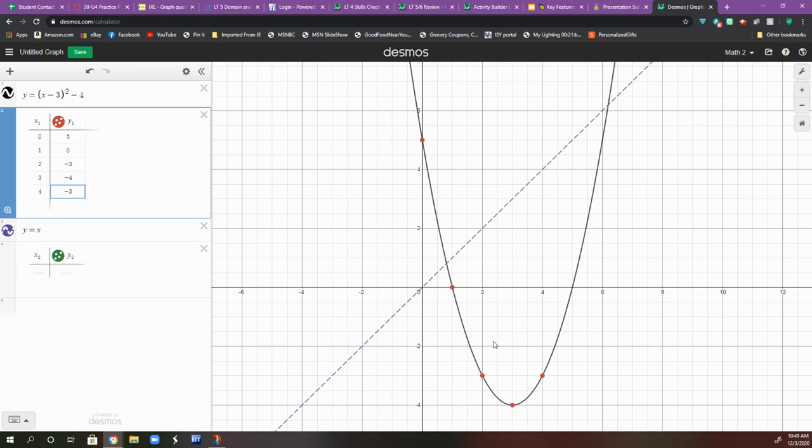Again, notice how these points are being placed on these grid points right here. I'm going to keep working my way up, and I have 5, 0. And then to complete my next one, I have 6, 5, and that gives me a pretty good picture of the points on my graph.